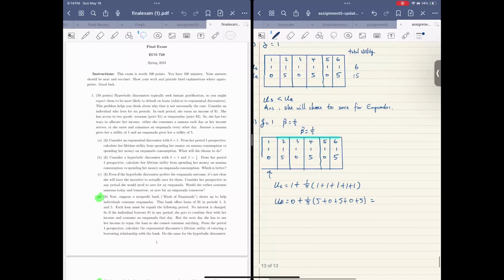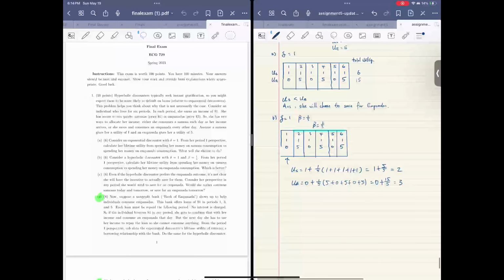So utility of samosa is 1 plus 5 over 5, which equals 2. And utility of empanadas would be 0 plus 15 over 5, which is 3. So that's question B.